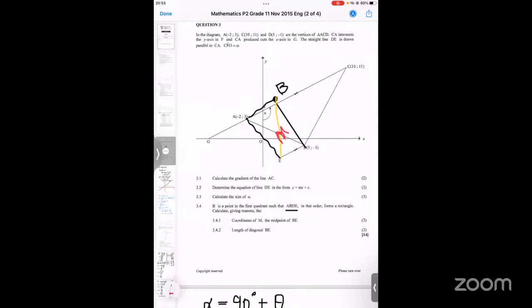So anyone who can suggest how to calculate the coordinates of M being the midpoint of BE? Anyone?